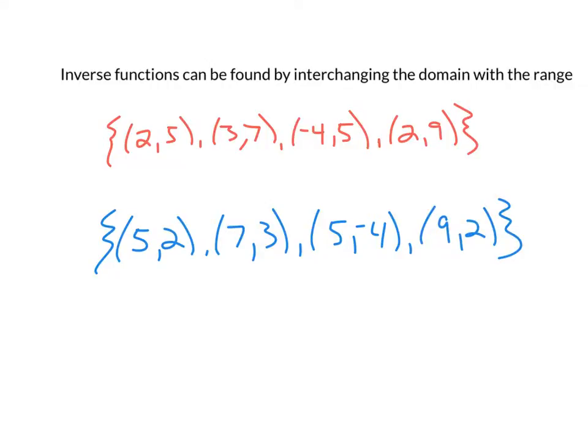So for the first one, the domain would be 2, 3, -4, and then 2 again. And the range would be 5, 7, 5, and 9. And the inverse of the red function would become this.